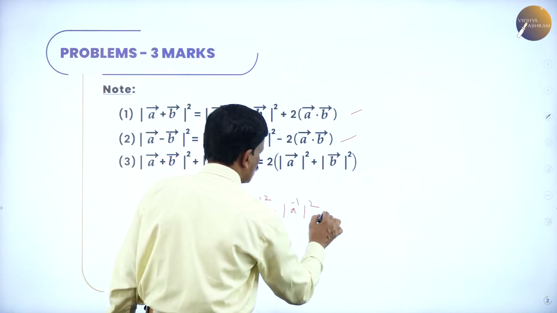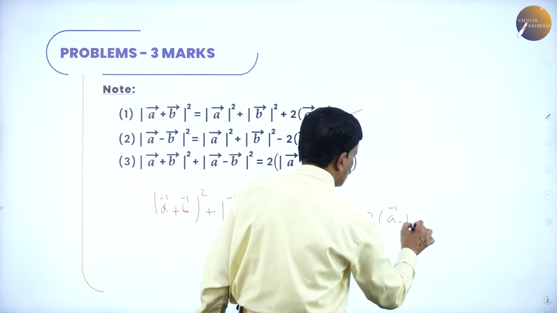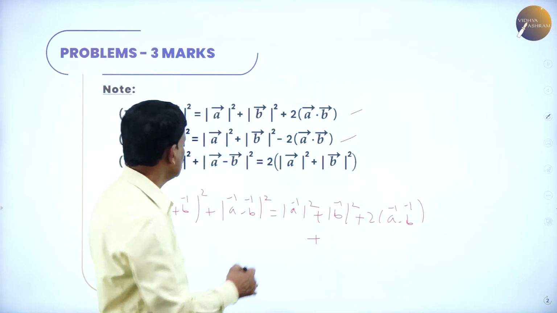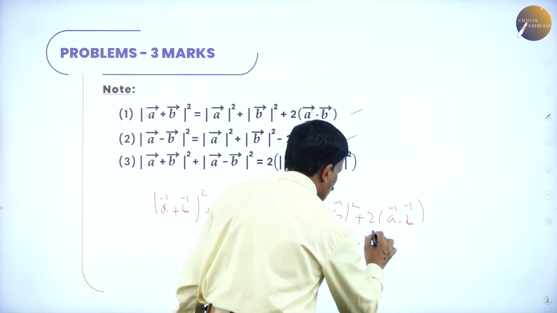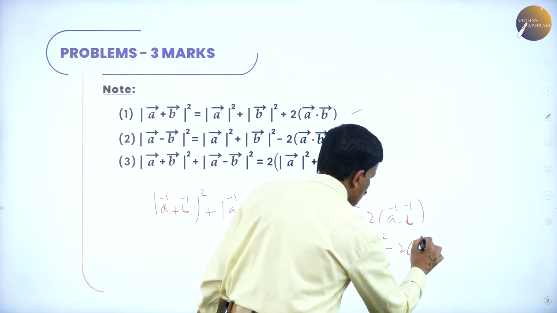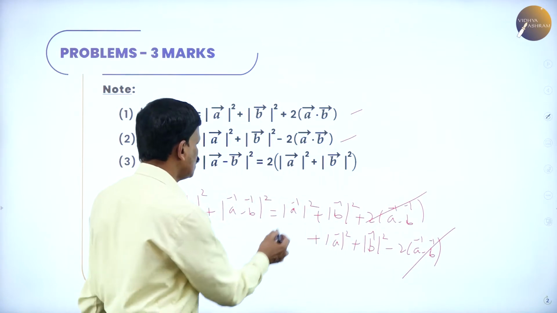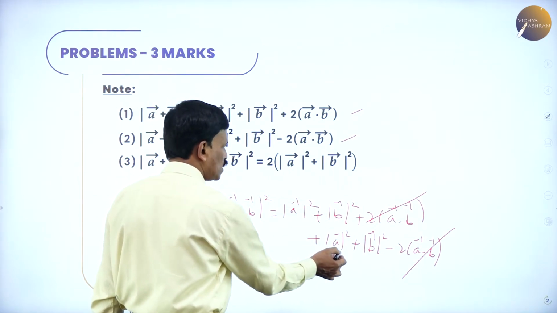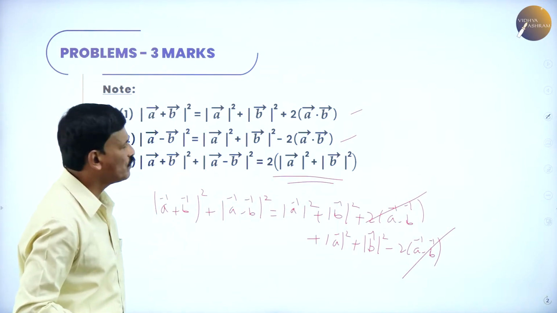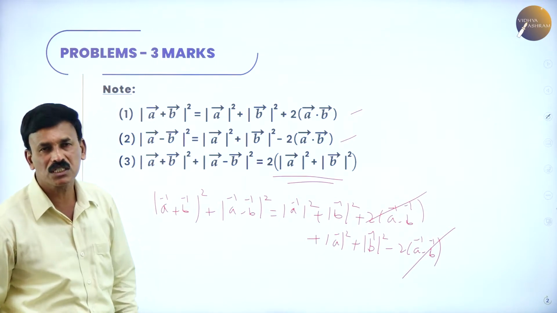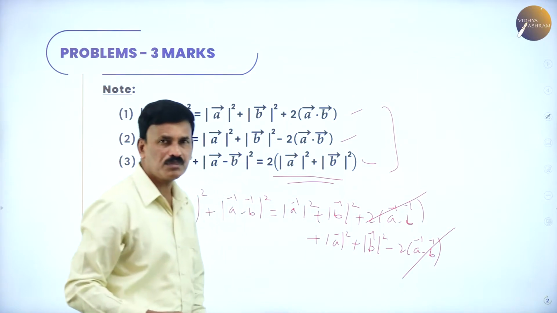We have A square plus B square plus 2 times A dot B, plus A minus B whole square, which is A square plus B square minus 2 times A dot B. So minus 2 times A dot B plus 2 times A dot B gets cancelled. A square plus A square is 2 times A square, plus 2 times B square. That can be written as 2 times the magnitude of A square plus magnitude of B square. These formulas are very important for solving the problems.